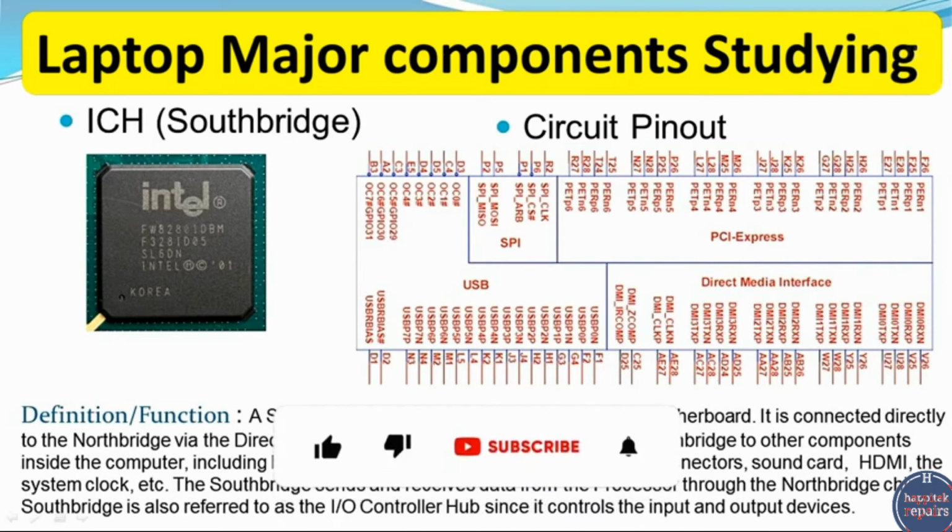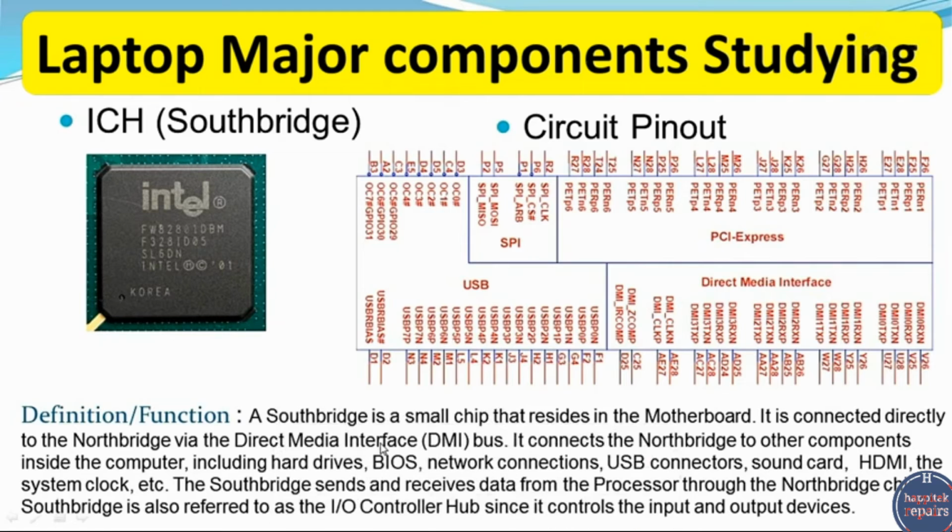It connects the North Bridge to other components inside the computer, including hard drives, BIOS, network connections, USB connectors, sound card, HDMI, the system clock, etc. The south bridge sends and receives data from the processor through the North Bridge chip. The south bridge is also referred to as the input-output control hub since it controls the input and output devices.